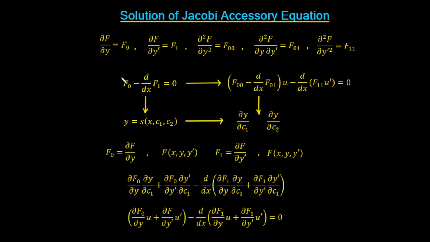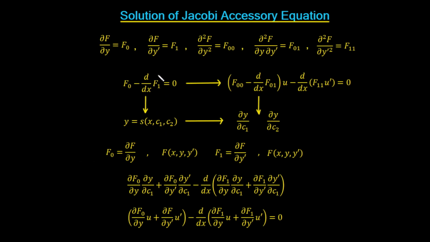So our f0 is partial f by partial y, but our functional here is a function of x, y and y derivative, but also the y and y derivative are going to be functions of the value of c1. So that means we're going to have to use the chain rule for differentiation.